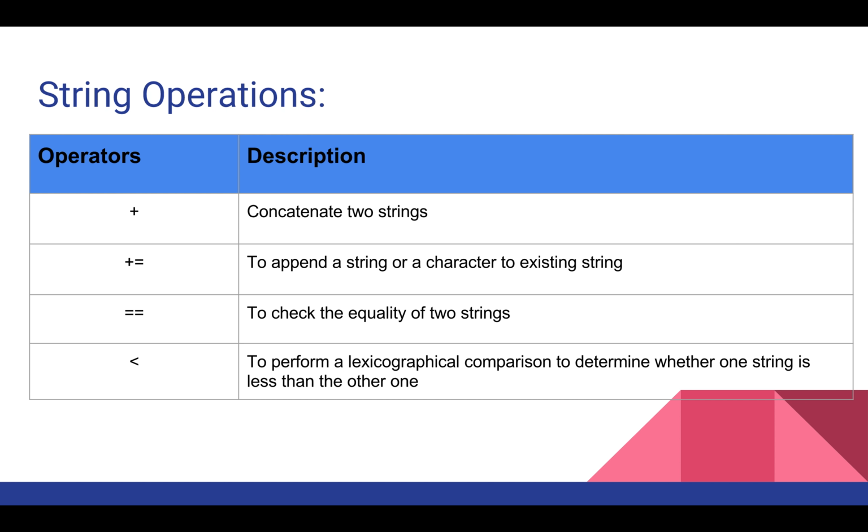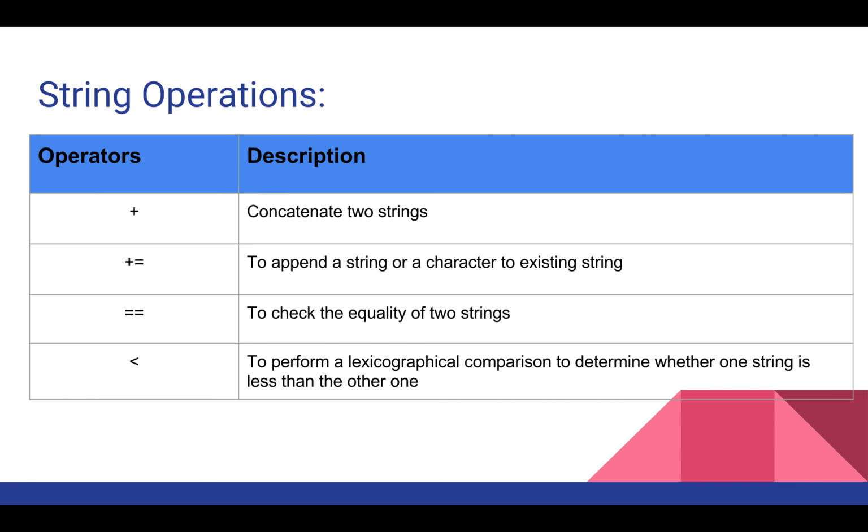Along with some functions mentioned, you can perform some operations too on strings. For example, you can use the plus sign to concatenate two strings. A compound addition assignment operator can be used to append one string to another string to form a larger string. The equals to comparison operator can be used to see if two strings are equal.